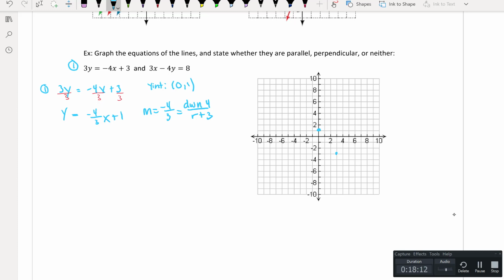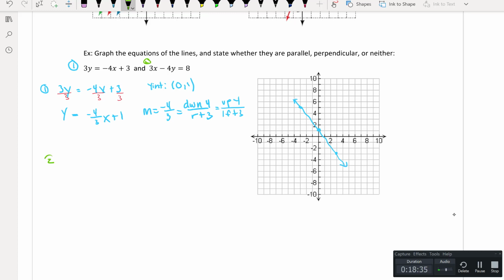And it also means I could have gone up 4, but then I would have gone left 3. And so when I connect my lines, that is what it looks like, okay? So now I have graphed my first equation.